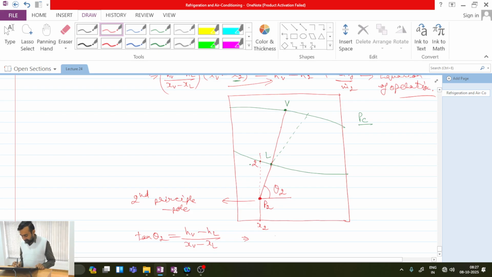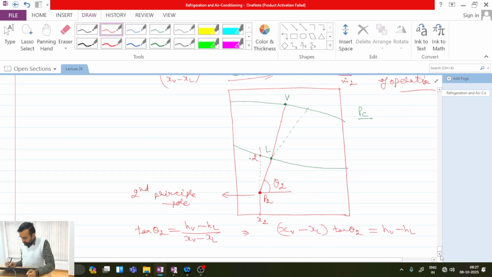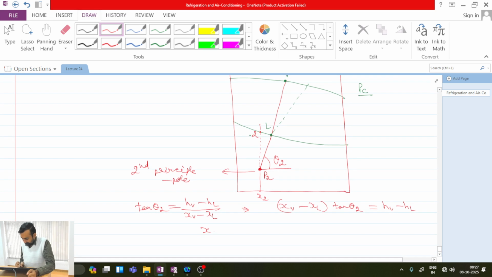So (XV minus XL) tan theta 2 will be equal to HV minus HL. Is this point clear? Now if I use point 2 and point V, then (XV minus X2) tan theta will be equal to HV minus H2, correct?